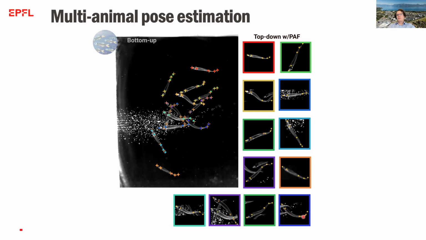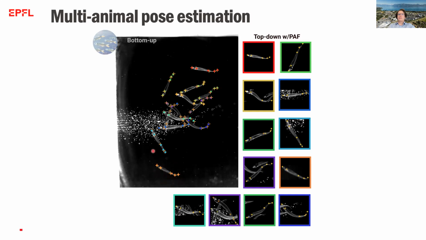This is a top-down method. Top-down methods are usually more accurate, especially when there are very few social interactions between the animals. And the alternative method is called the bottom-up method. In bottom-up methods, the algorithm first localizes all the key points simultaneously with one neural network, and then uses different methods to reason which key points belong to each other and form one animal.